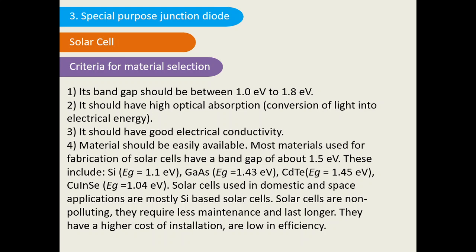They require less maintenance, so the maintenance cost is also very low. But the initial installation cost is very high. They last long, so there is very little chance that the solar cell will get damaged. They have a higher cost of installation and are low in efficiency.